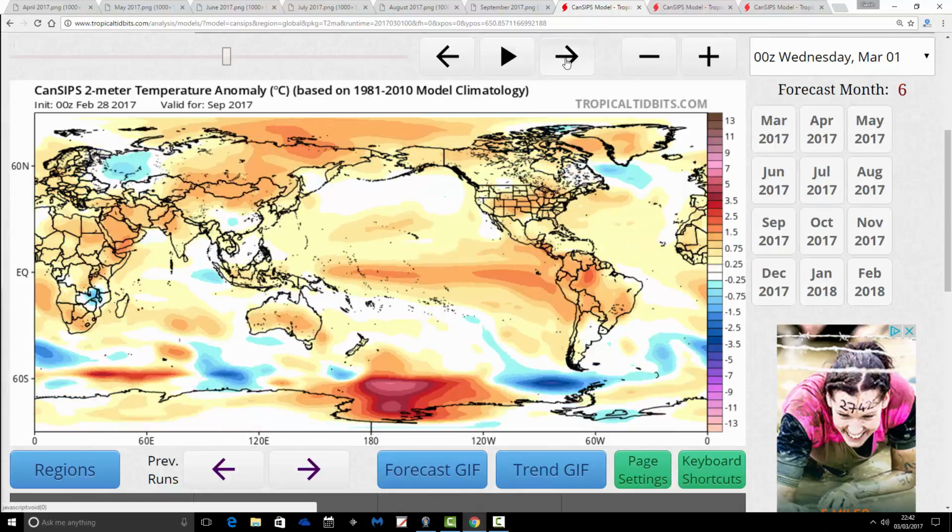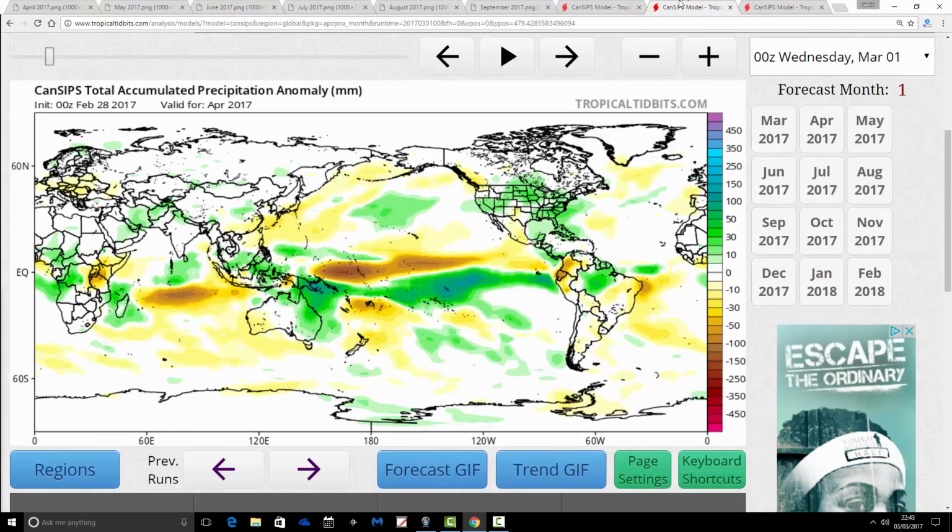Can we round it off with another warmer than average month? Yes, we can. Here we go. Temperature anomalies again above average in September as well. So CANSIPS is seeing all 6 months in today's 6 month look ahead to be warmer than average. Quite remarkable. Quite remarkable temperature forecast there.